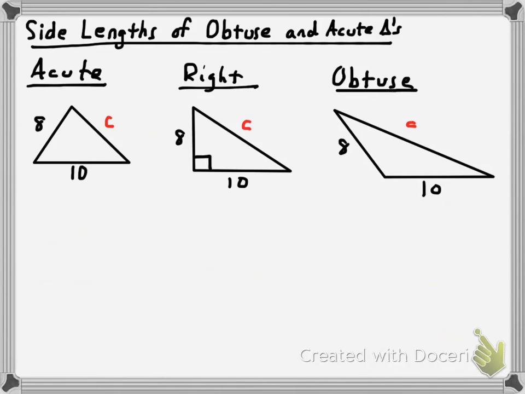Now, we know that in a right triangle, c squared is going to have to be equal to a squared plus b squared, or in this case, c squared would have to be equal to 8 squared plus 10 squared, right? In order for that to be a right triangle. Okay, now, what happens as I take the hinge angle right here and I decrease that hinge angle?